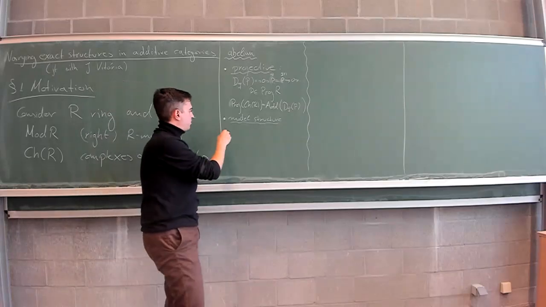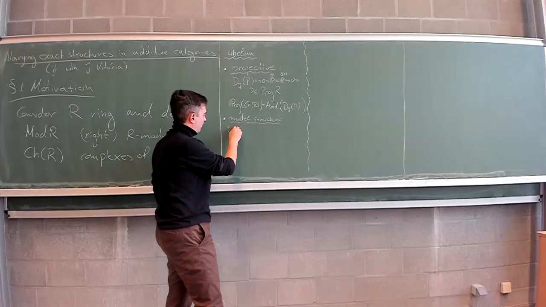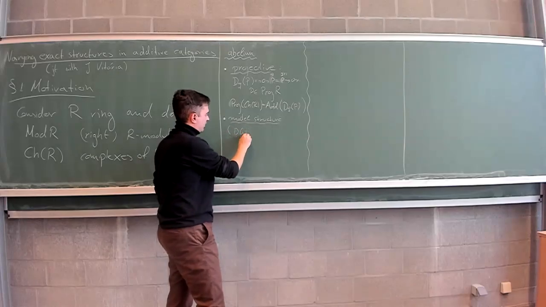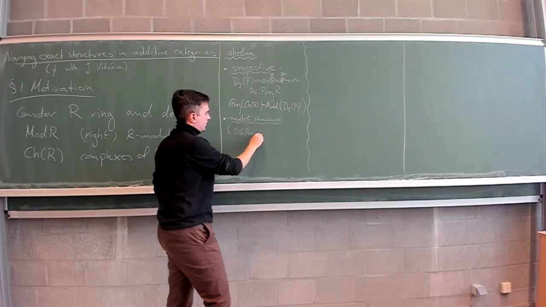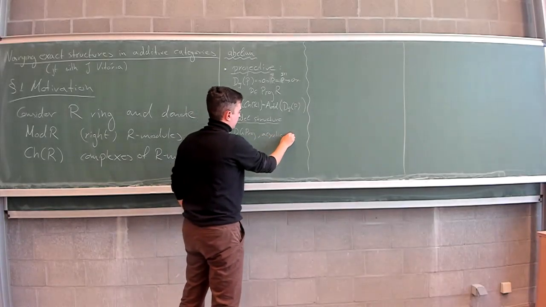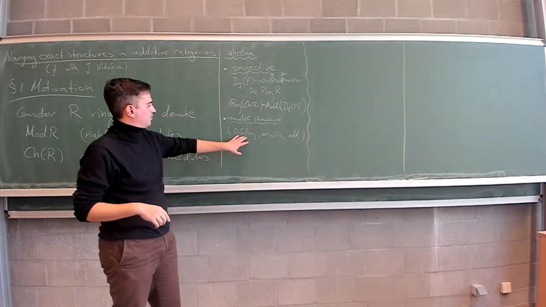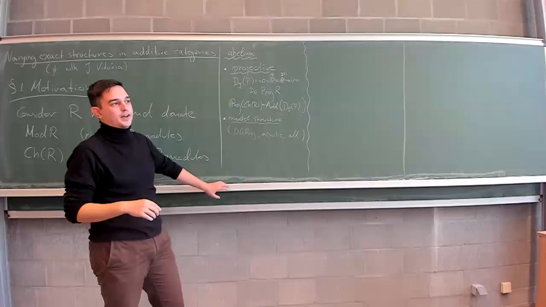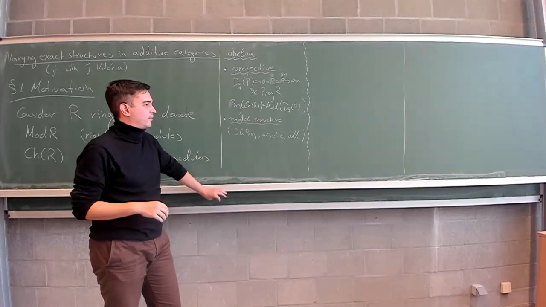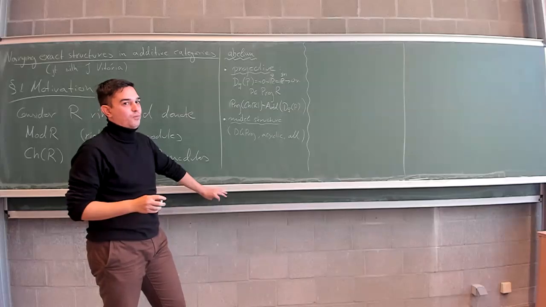And this model structure is given by what is called a Hovey triple, which has as the cofibrant objects the DG projectives, as trivial objects the acyclic complexes, and everything is fibrant. So this means in particular that this weird class of DG projectives, you can think of them as homotopically projective complexes with projective terms.